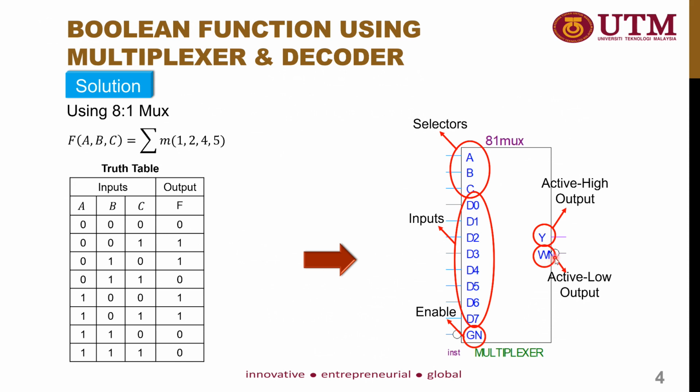Next, we need to know the output of the multiplexer by observing the input at the selectors.